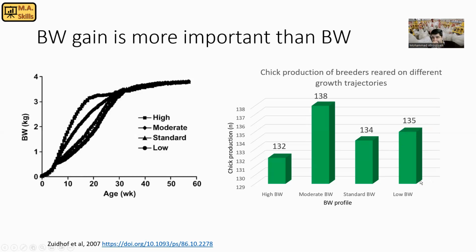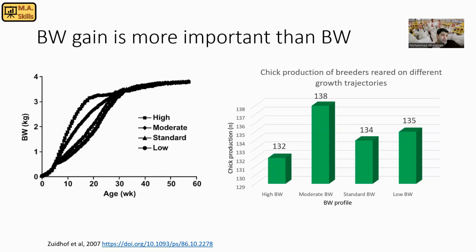At first glance, you would say, okay, the moderate body weight curve is better, right? Because it has produced more chicks compared to the standard body weight curve.